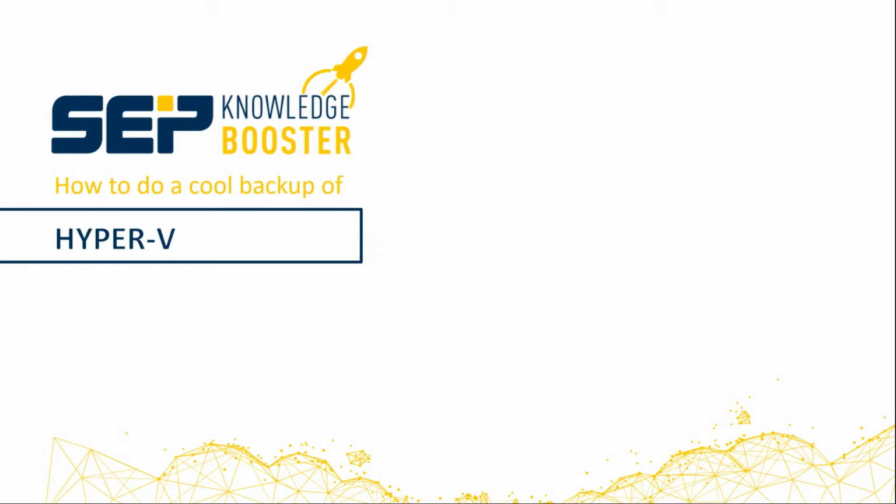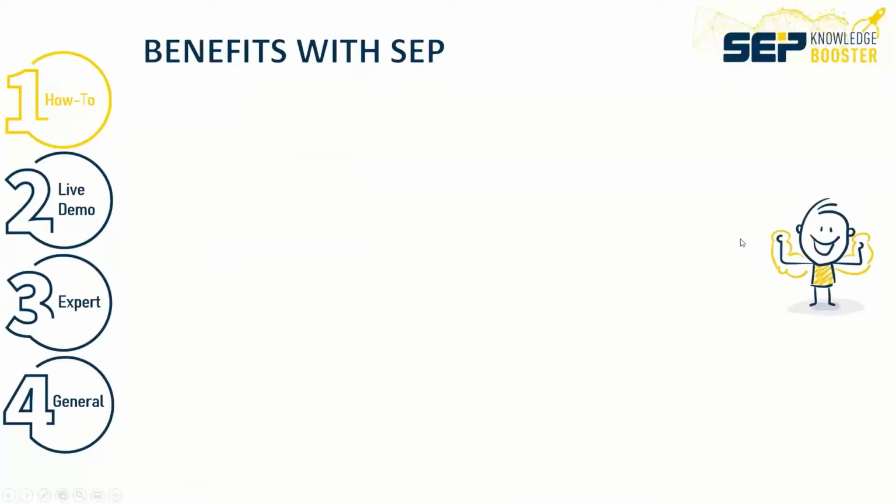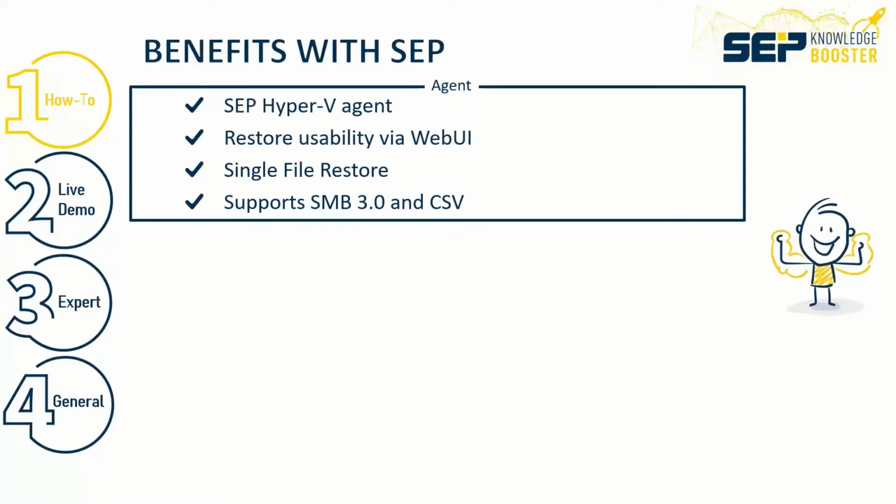Okay, so first, we start with some standard benefits that we have with SEP. That means we have a Hyper-V agent, of course, but you have to install this Hyper-V agent only on the hypervisor itself. So you can do agentless backups of the virtual machines. You have the possibility to do restores via our Fat GUI client with our restore wizard, as you know it from the past.